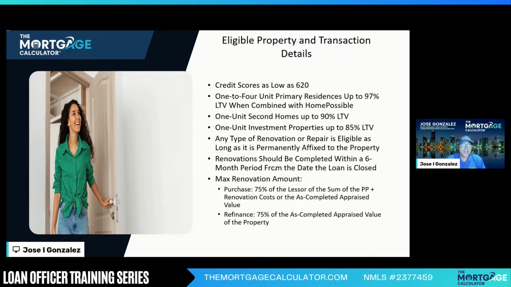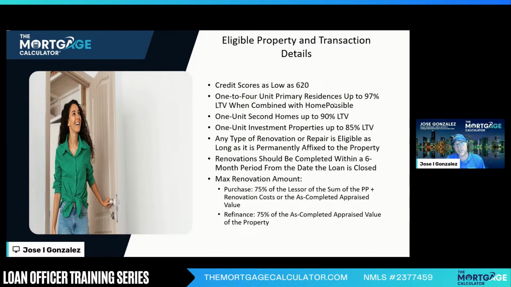Eligible properties, like I mentioned, 1 to 4 unit when it's a primary residence. And you can go up to 97% LTV when you combine Home Possible with Choice Renovation. So if you have a Home Possible borrower, remember, you'd have to go to the Home Possible geocoder, check the area median income, make sure that the borrower doesn't make too much money to qualify for Home Possible.